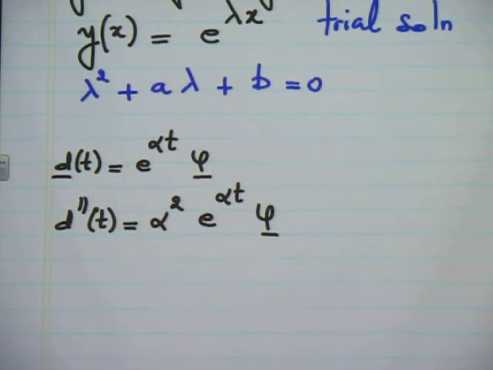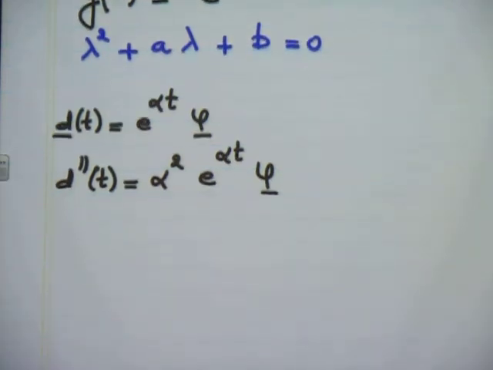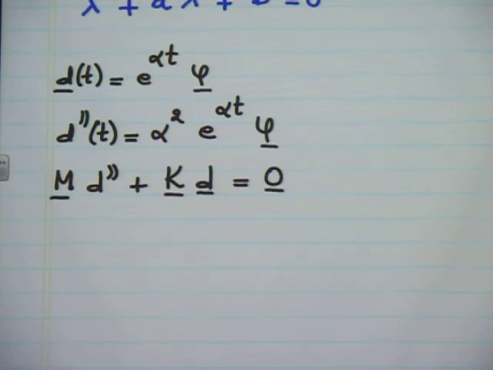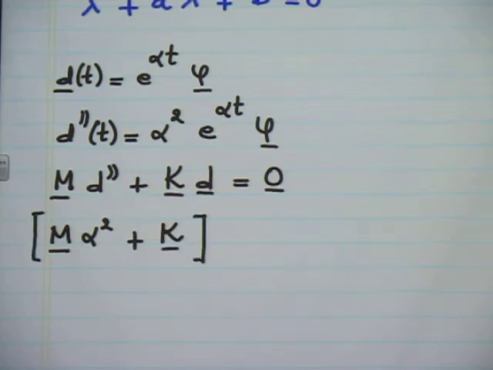Therefore, if you replace into the undamped free vibration equation, you have mass times D double prime plus K times the displacement vector equal to 0. Then you have mass times alpha square plus K, putting in common factor the exponential of alpha t times the matrix phi, equal to the matrix 0.